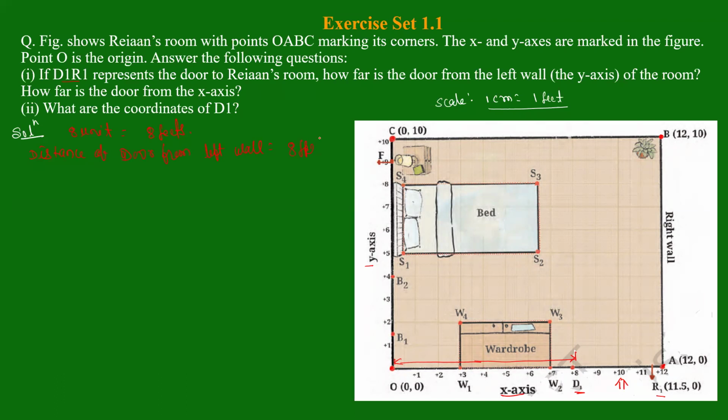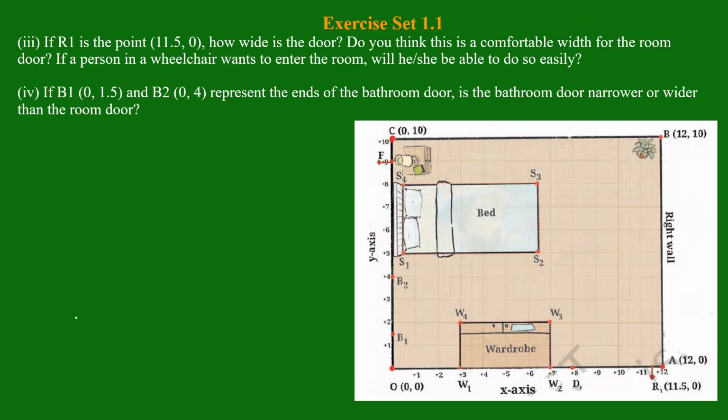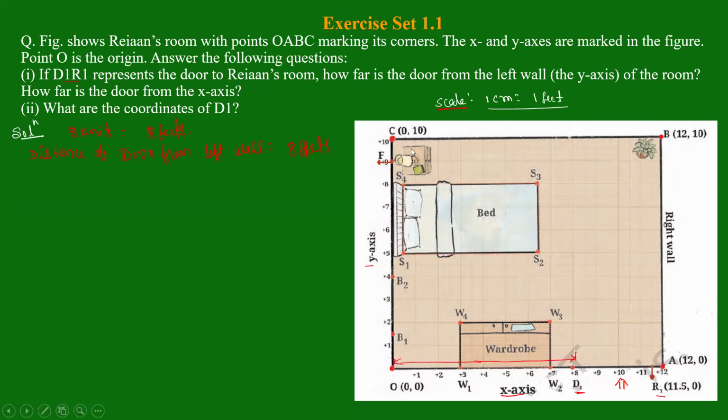Here we also have to write the scale. The scale we have taken: 1 unit equals 1 centimeter, which equals 1 feet. On the map, 1 centimeter represents 1 feet.